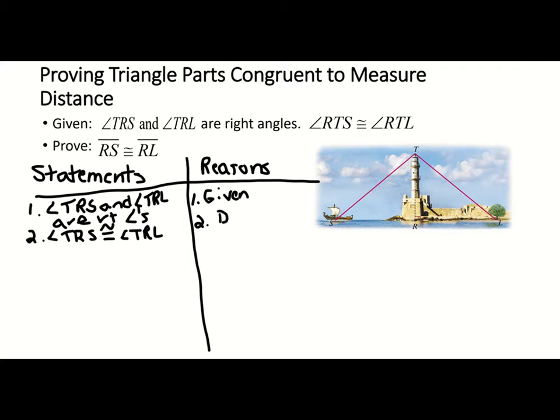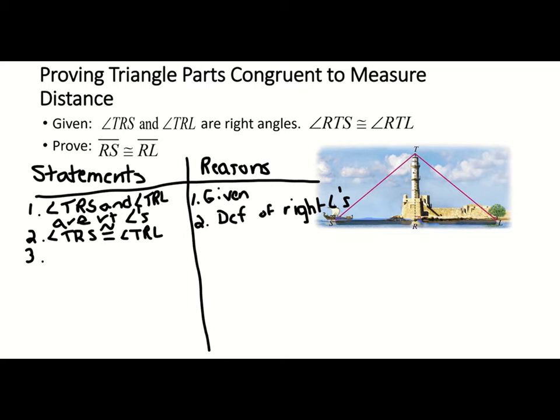All right, now, really what we want to prove is that this distance from here to here and this distance from here to here, make that black, it's a little easier to see, is the same.